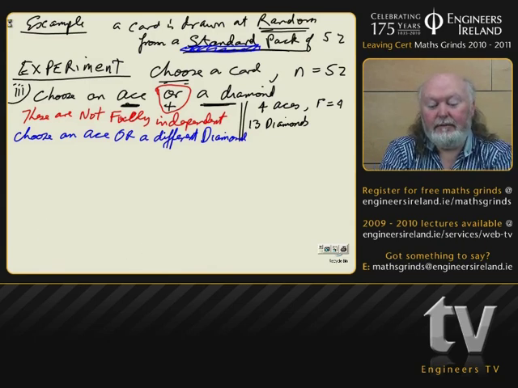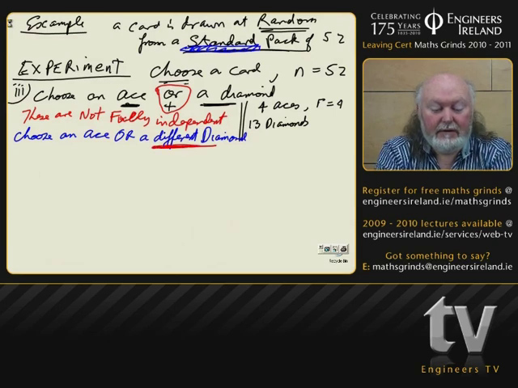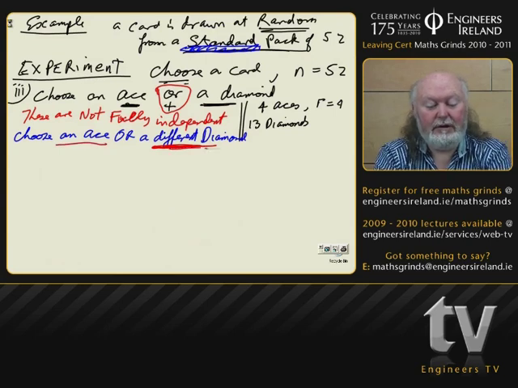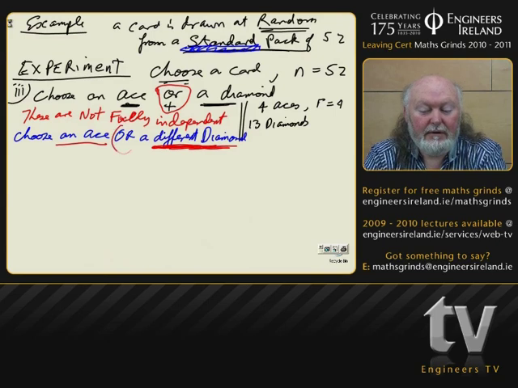We're bringing in this word so that the choosing of an ace is now independent of the other option, the R bit.